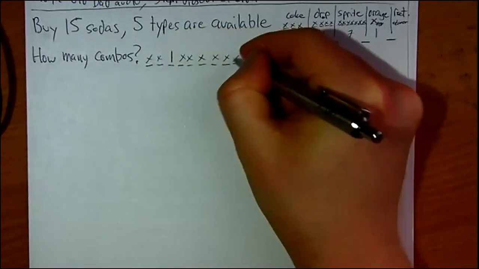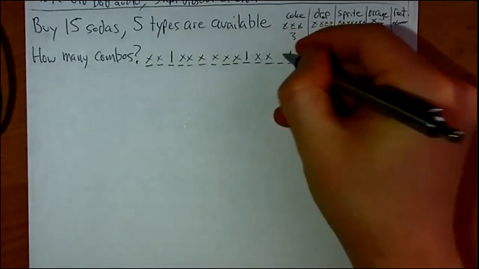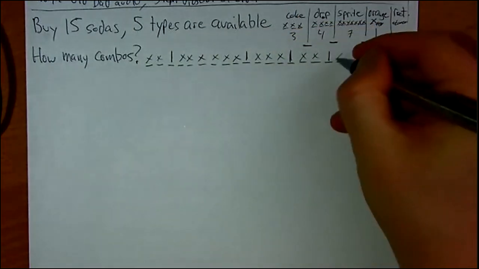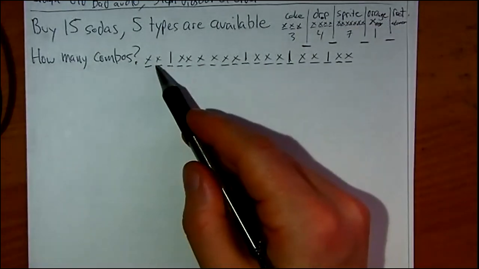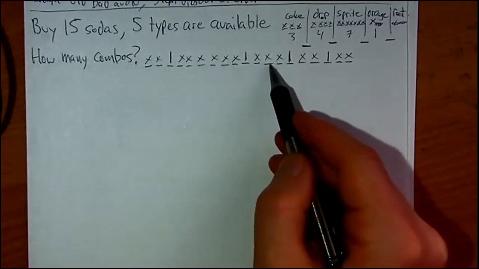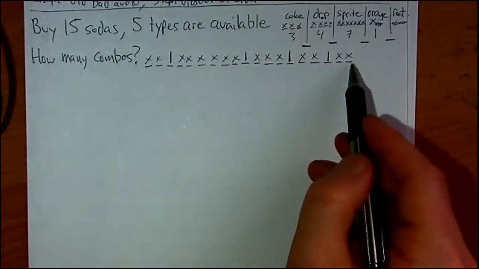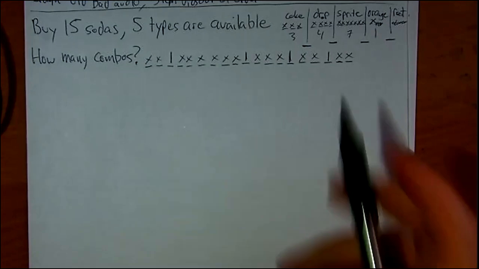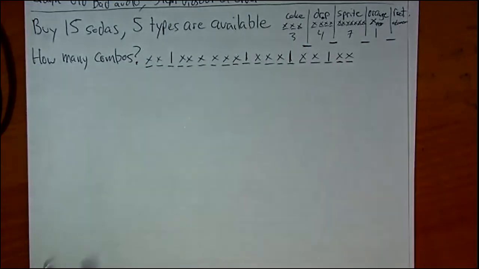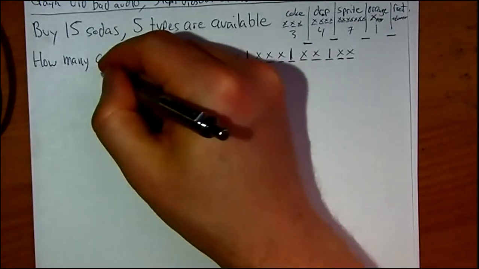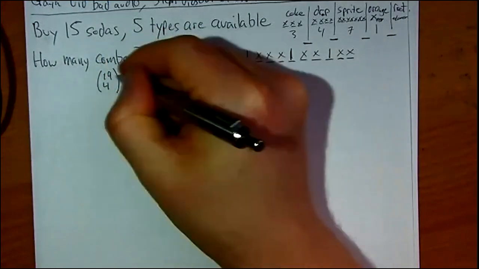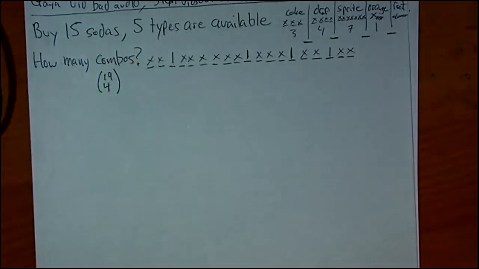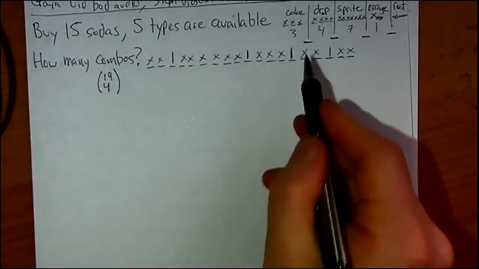So we're doing some dividers, some sodas, and so 19 choose 4 is exactly right. This particular combination would be 2 Cokes, 6 Dr. Peppers, 3 Sprites, 2 orange, and 2 root beers, right? And so since we're choosing 4 out of these 19 options, it would be 19 choose 4 different possible combinations, right? And that's thinking about where you would place the dividers.